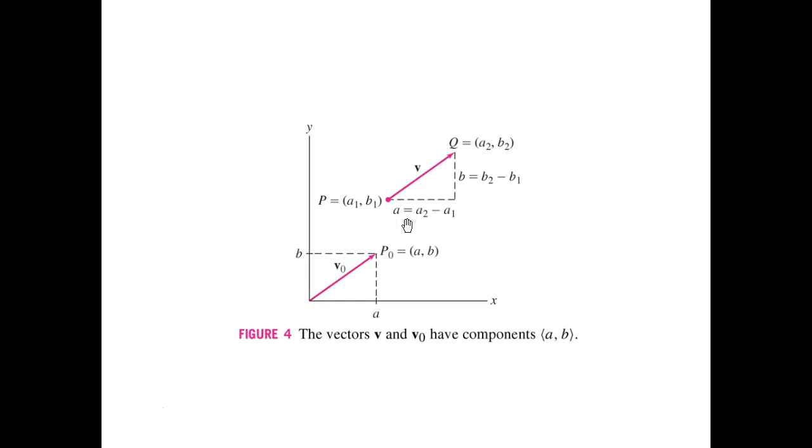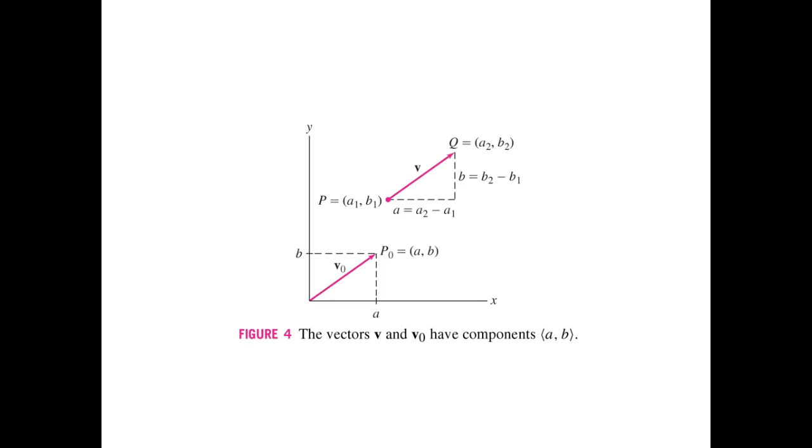And here we have the Silva text. We're on page 626 in section 12.1. We just defined the components of a vector, and here we're going to illustrate that. Here we have some old vector v up here.